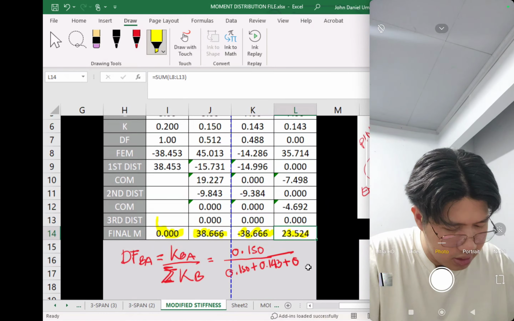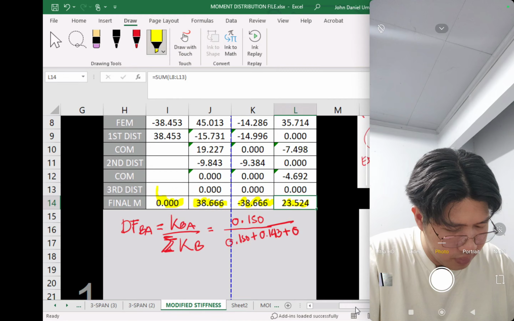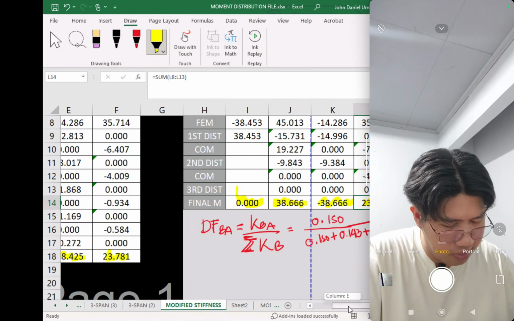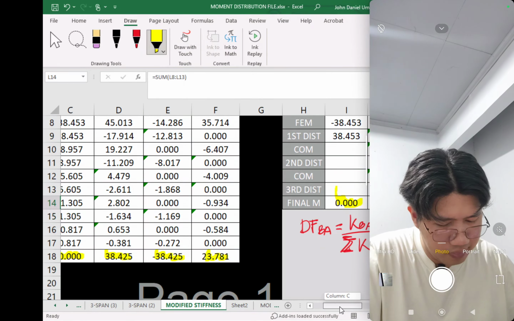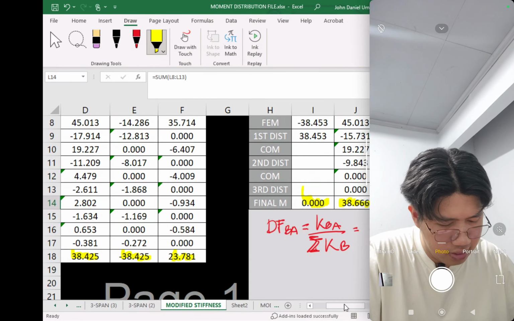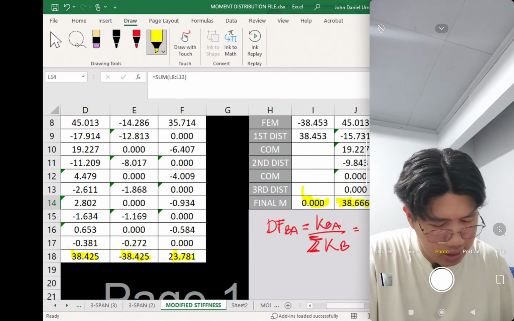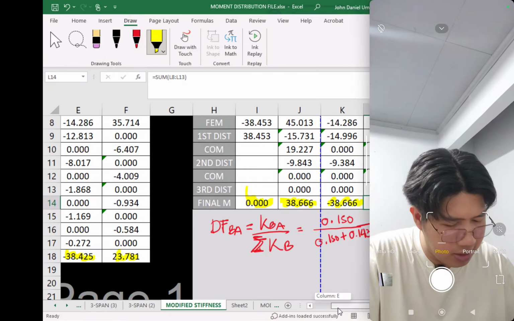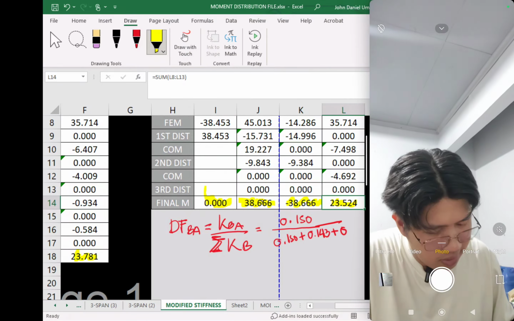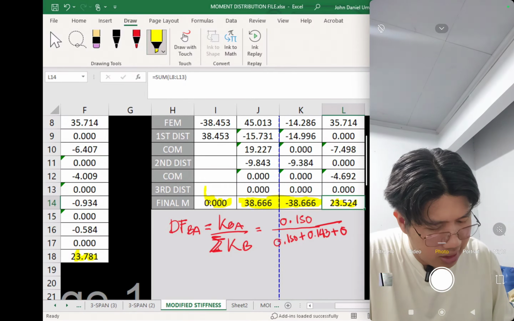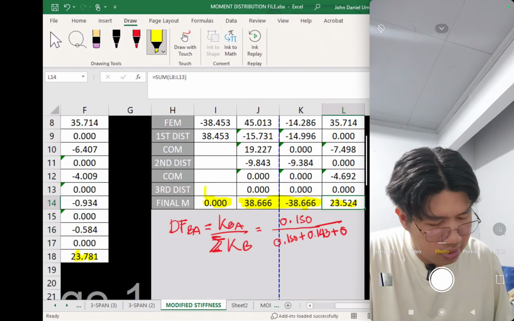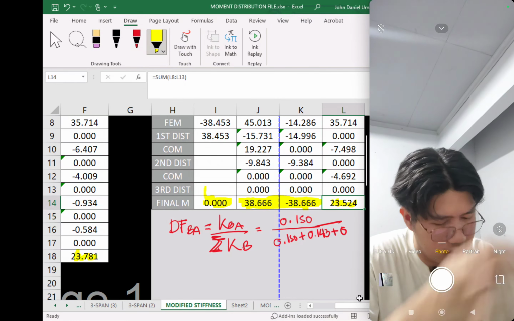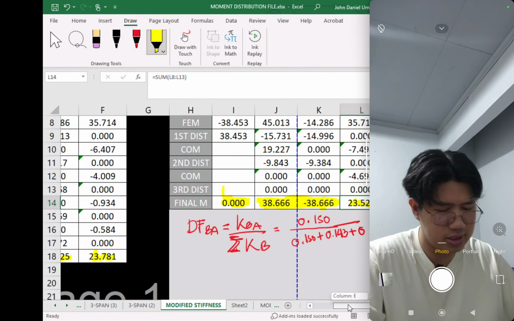So, as you can see, it converges faster to a good estimate of an answer. So, huwag kayong mag-alala kung hindi exactly equal sila. Okay lang yon. Basta konting decimal lang, okay na yon. Basta importante is mag-balance tong sa dulo natin, no? 0, 0 yung total nito kasi 38.67 minus 38.67 is 0.